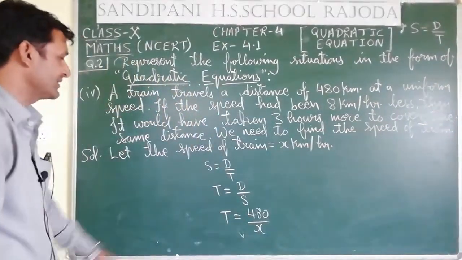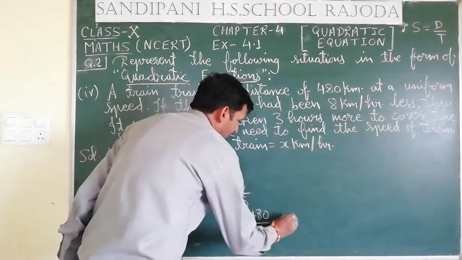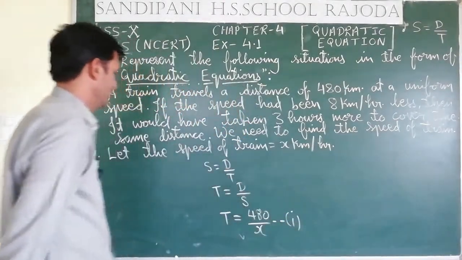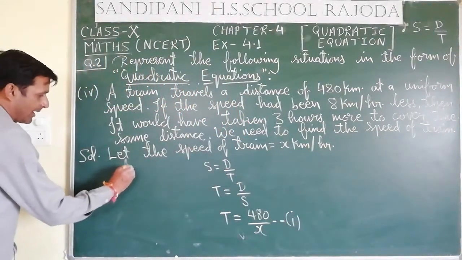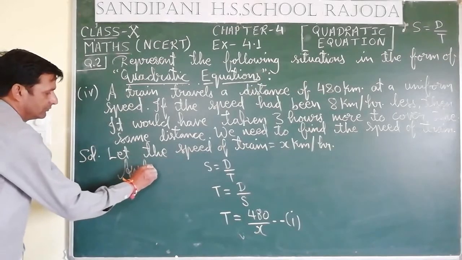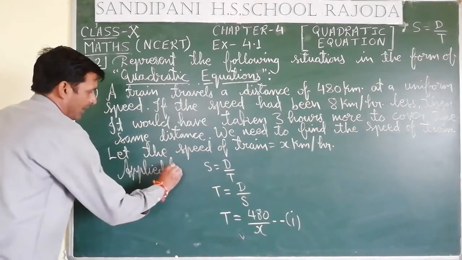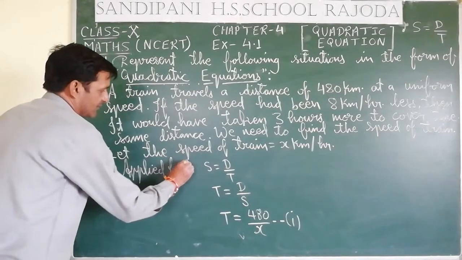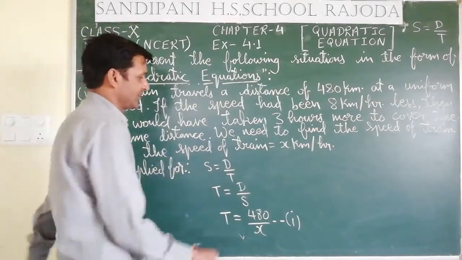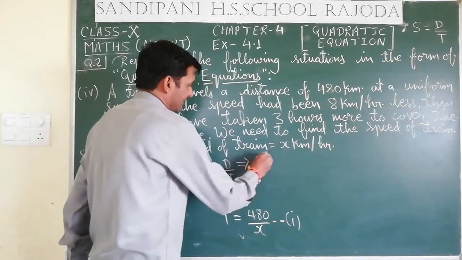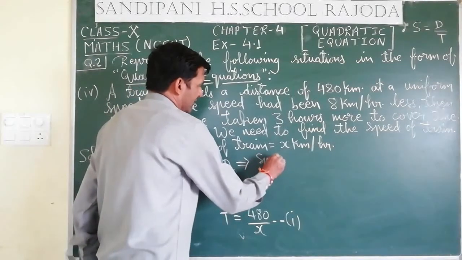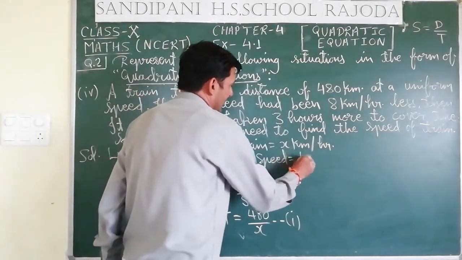And in second case, let it mention first equation. Here you have to mention applied formula. This is the applied formula, speed is equal to distance upon time. You may write it in a very clear manner.